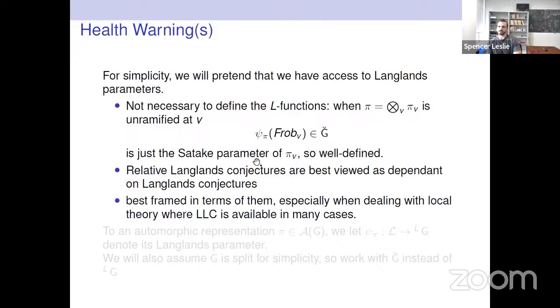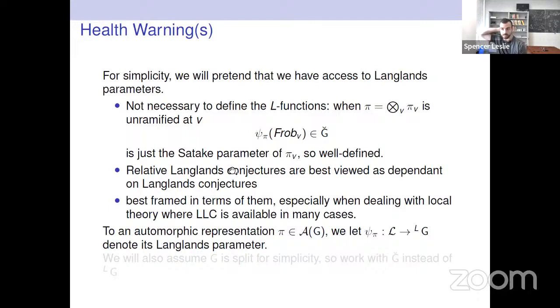So it's best to just frame things in terms of the conjectures. And as I alluded to earlier, this can be made precise in a lot of cases where you're really working almost everywhere locally, and the local Langlands correspondence is available in a lot of cases. So it's a health warning, but it's not that bad.